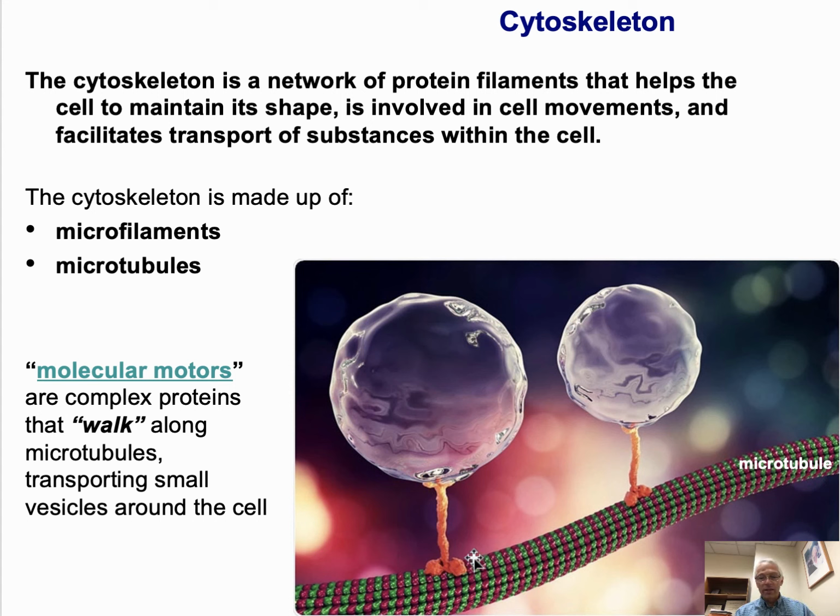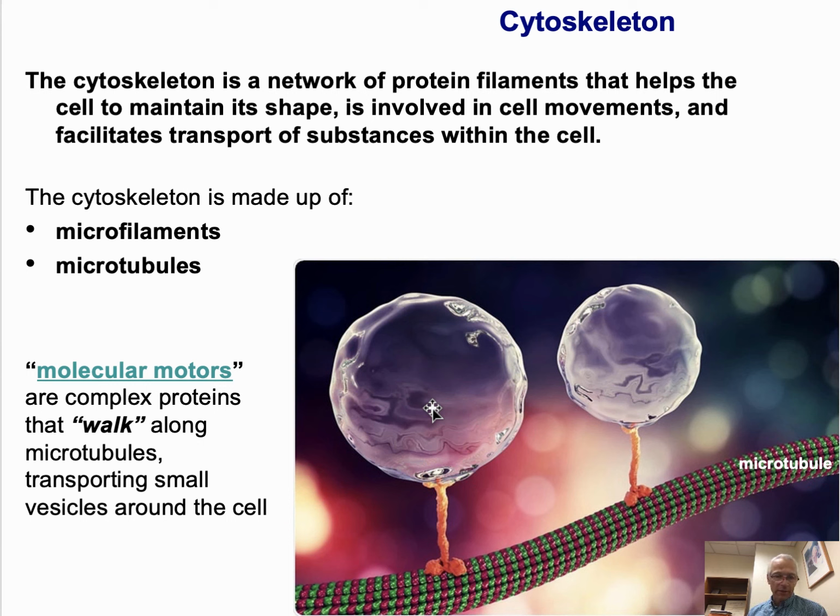So maybe this is one of those vesicles that pinched off of the Golgi apparatus, and maybe this vesicle is supposed to go to another part of the cell where those products that were made in the rough ER and processed in the Golgi are going to reach their final destination.